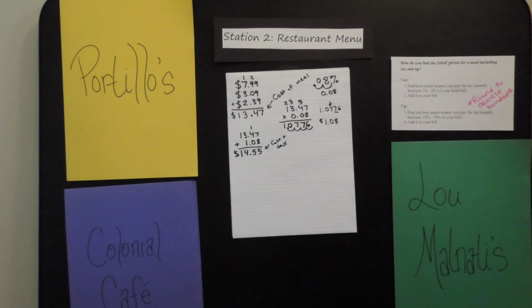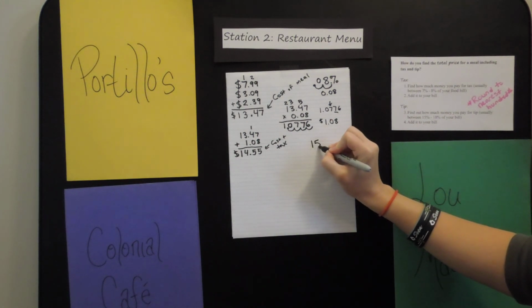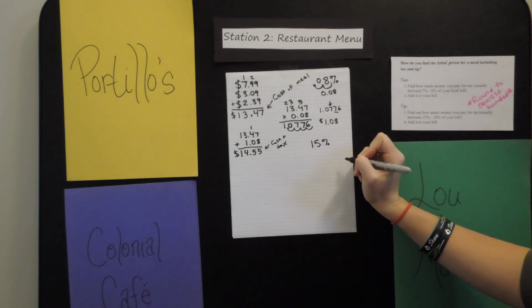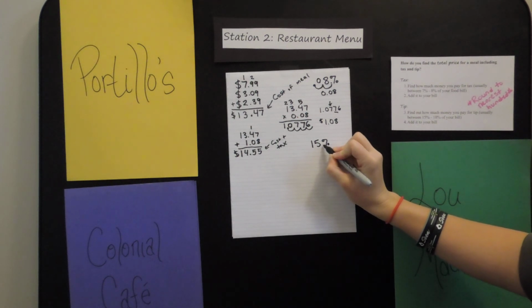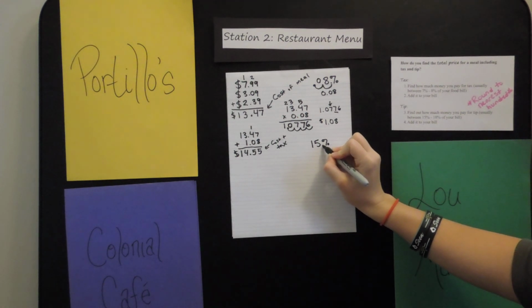So last thing we need to do is calculate the tip. So the tip is something that you pay someone when they serve you. It's a nice gesture to do that, and that's usually between 15% and 18% of a meal, and you can choose what you want that to be. So I'm going to choose 15%. And just like in Station 1, to find 15% as a decimal, the decimal starts right here.